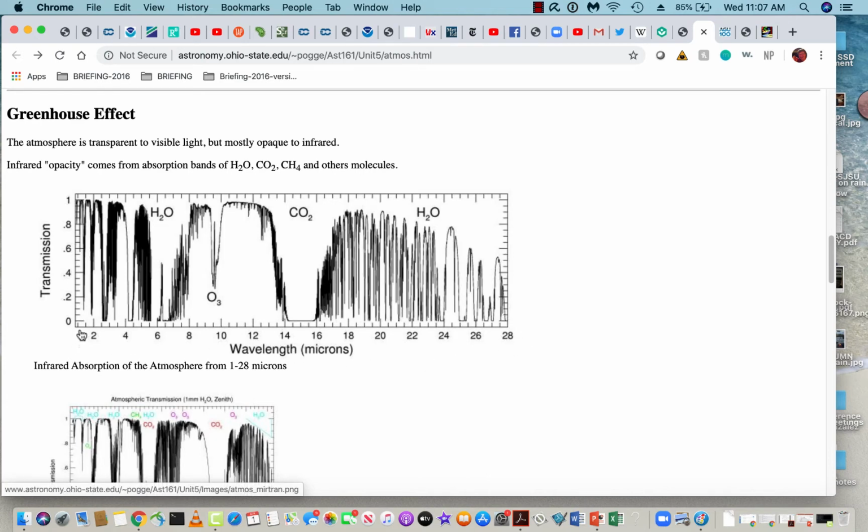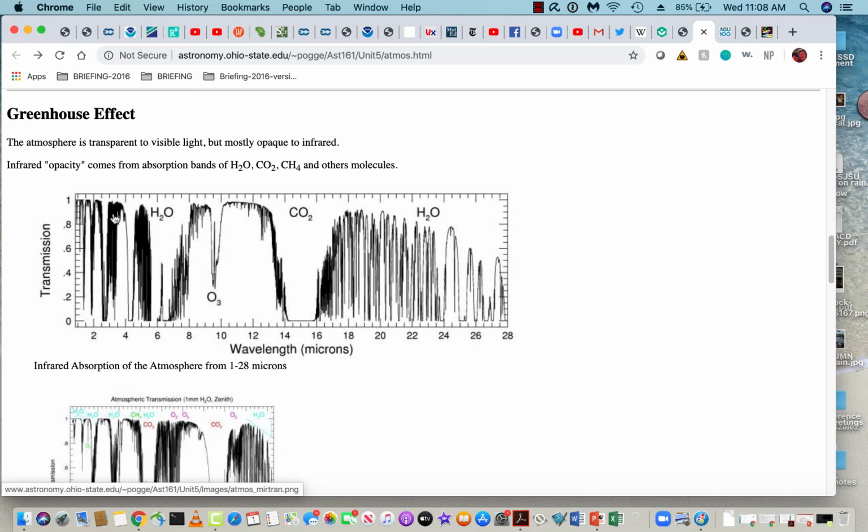So visible light is down around here at 0.5 and everything else is in infrared. There's a lot of transmission in the visible part of the spectrum, and in this part of the spectrum between about 8 and 11 microns, which is called the atmospheric window, but then on the other hand, there's a huge amount of absorption that's shown in very complex ways by these wiggles here.